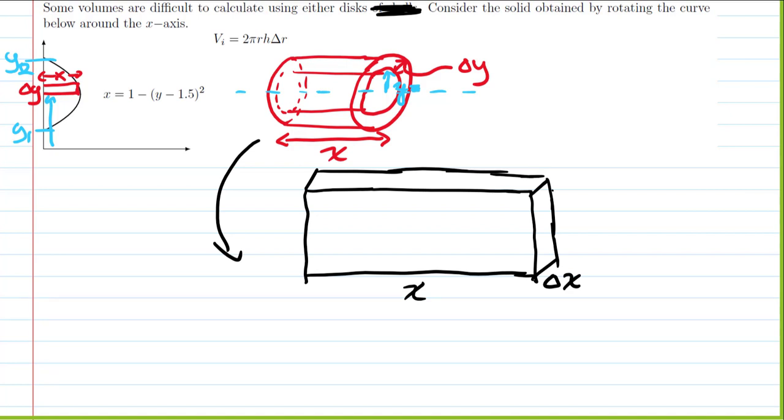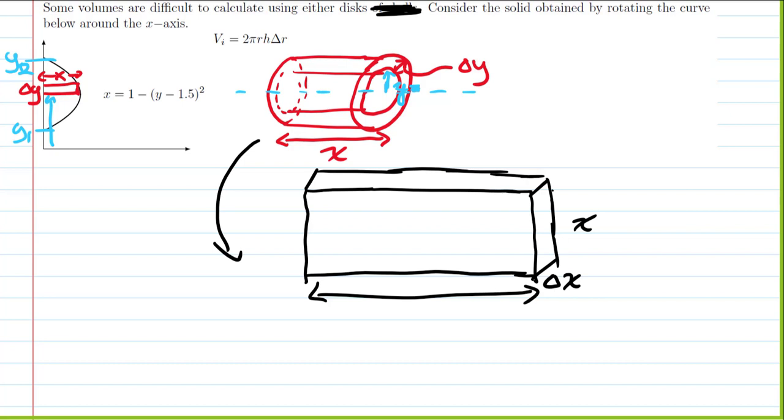But then, how long is that thing going to be? Sorry, our height, I need to rotate this. Our height is going to be x, so that's here. How long is this side of our thing going to be? Well, what is the distance around a circle? The circumference.